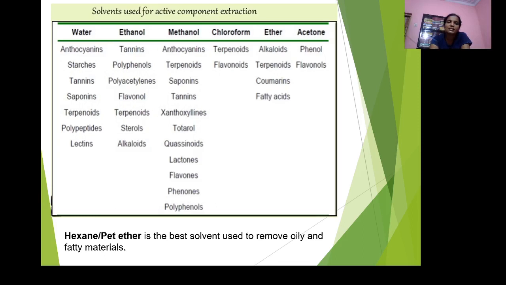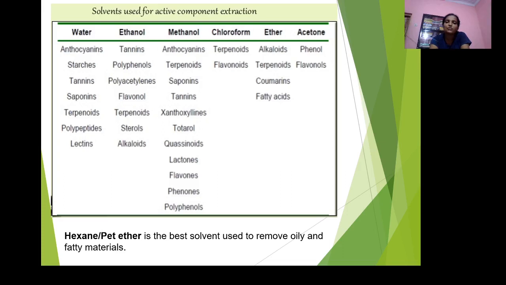Besides this, hexane or pet ether should be used to remove the fatty material or oil from the plant material. Whenever the extraction process is started, firstly that part of the plant should be extracted with hexane or pet ether, so that whatever fatty content is present in the plant material gets removed.